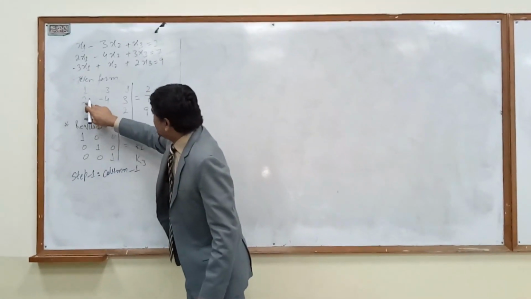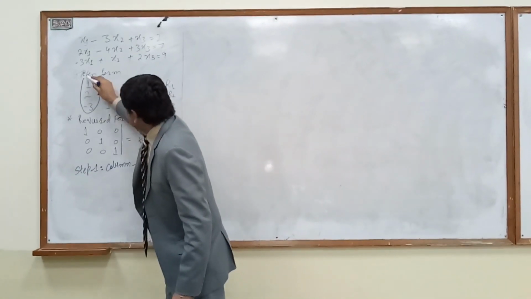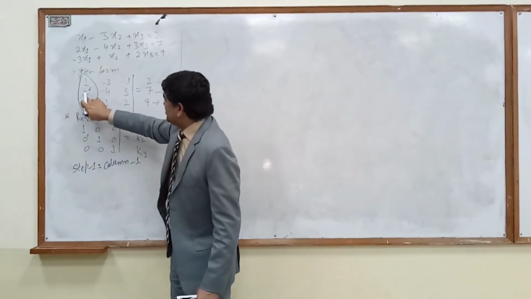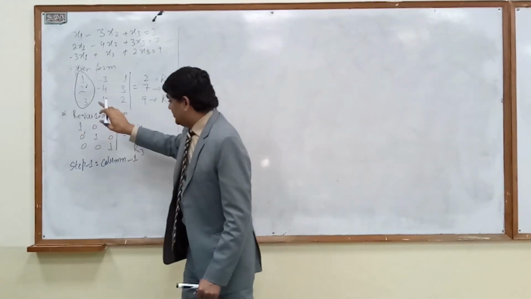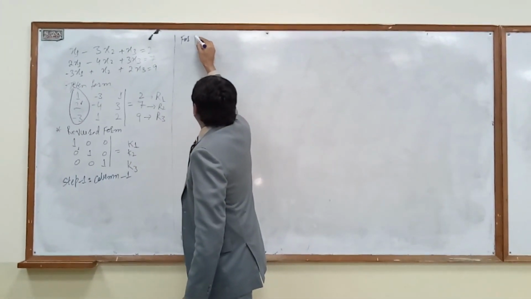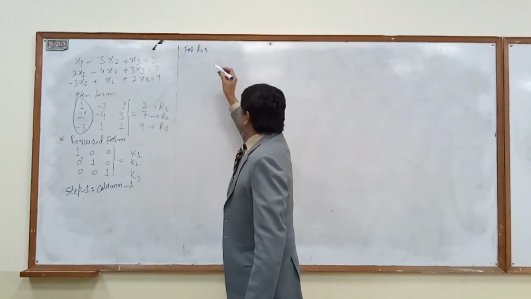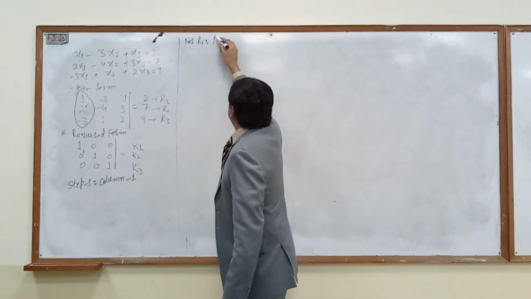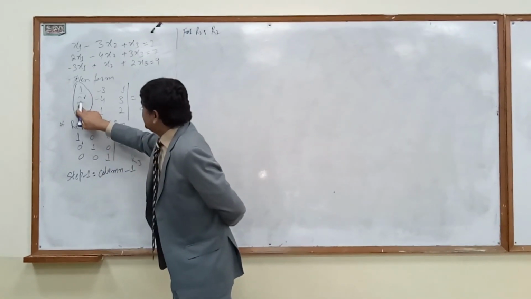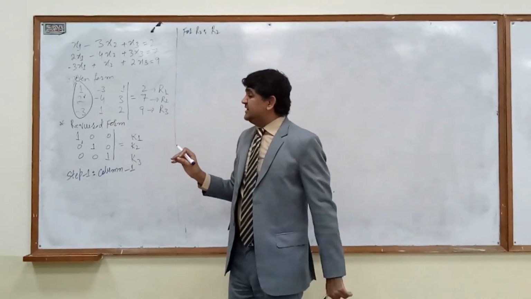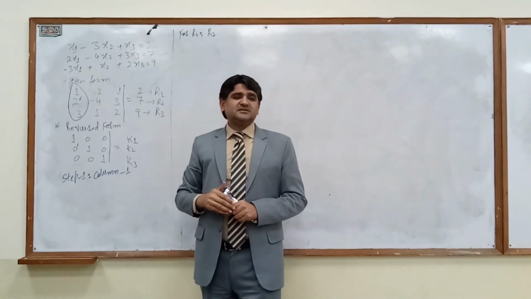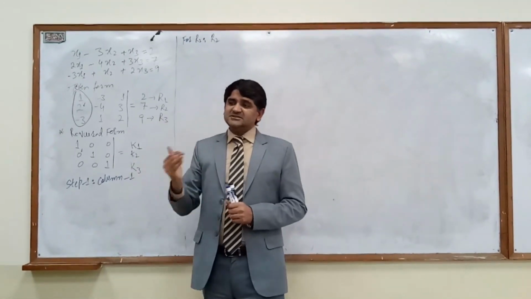What's required here? 0. Given is 2, but we require 0. So for which row are we going to operate? For row 2. We require 0 here and given is 2. While we require 0, we will either add or subtract.